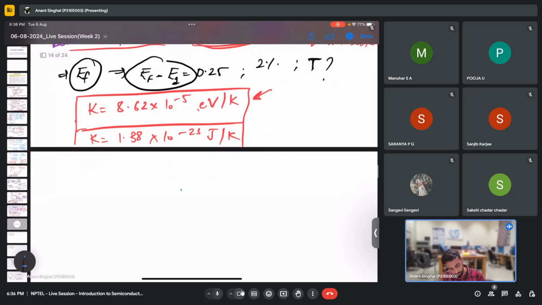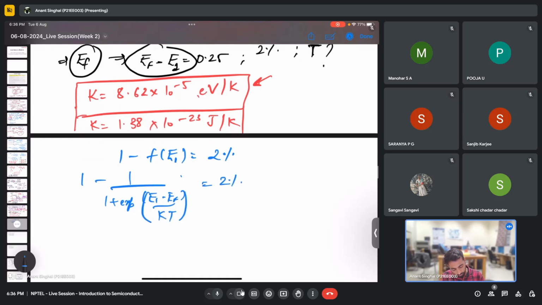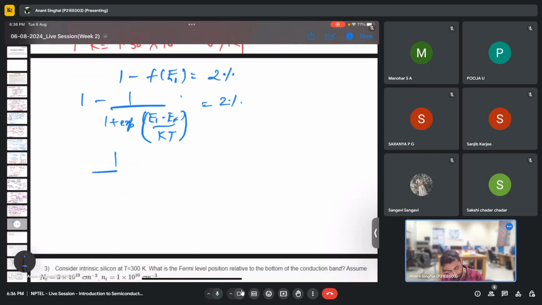So what I have already told is that the probability, let's say the energy is E1, is 2% to be empty. So that is why I have written 1 minus Fe. And we have already solved that Fe is 1 over 1 plus exponential of E1 minus EF over kT. If I solve and take the denominator and numerator, what I'll get is 1 over 1 plus exponential of EF minus E1 over kT.